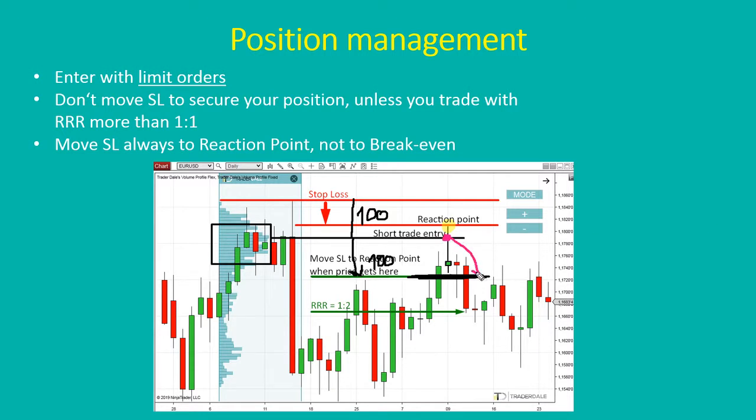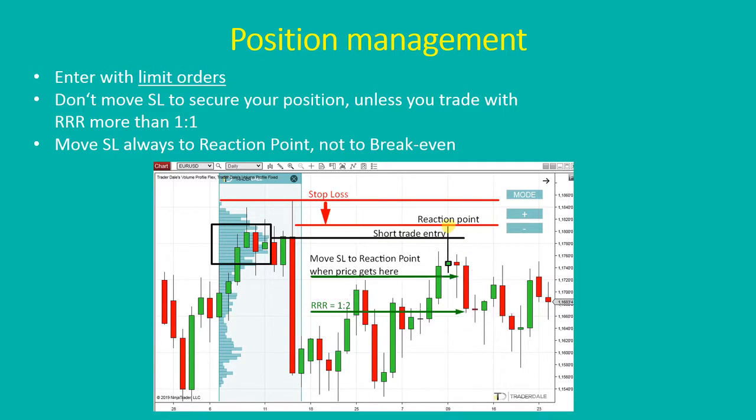When the price gets in here, then you want to secure your position. By the way, this is your take profit with risk-reward ratio 2. Alright, this is take profit. So when the price gets there, you want to secure your position somehow.